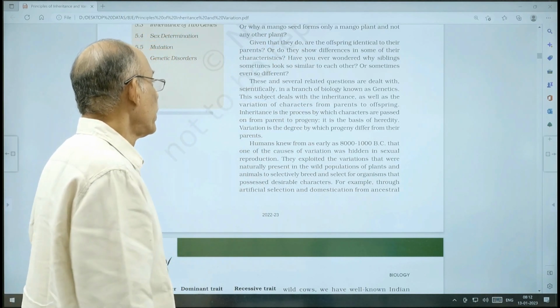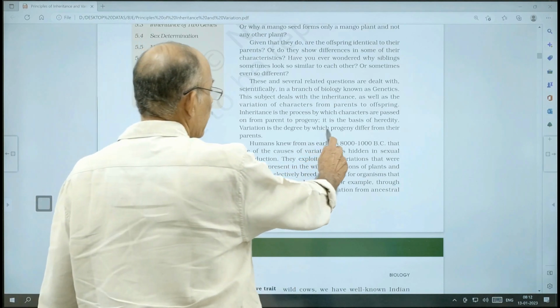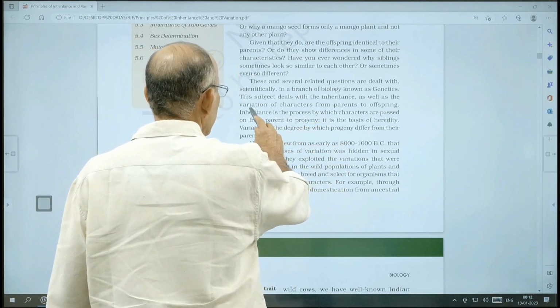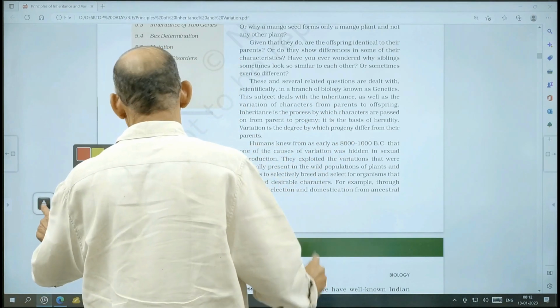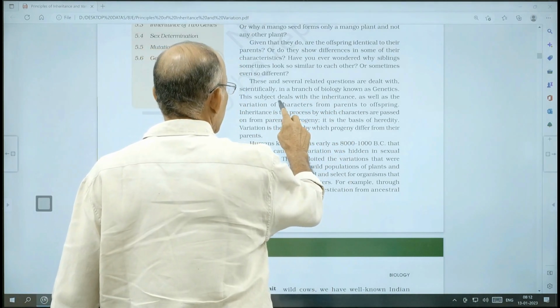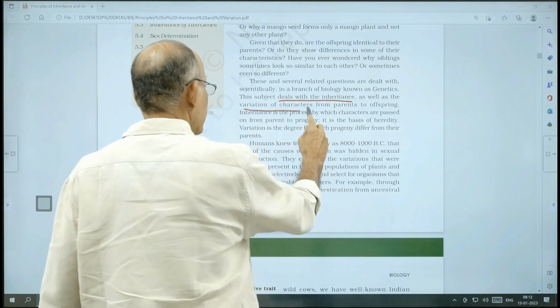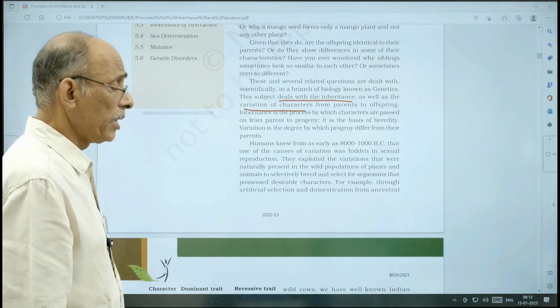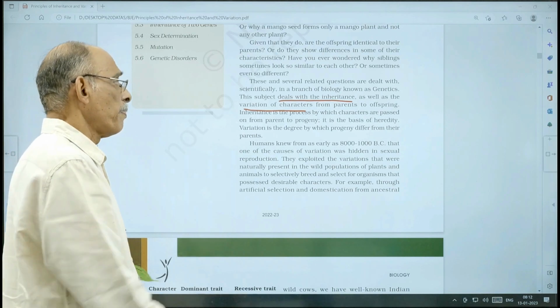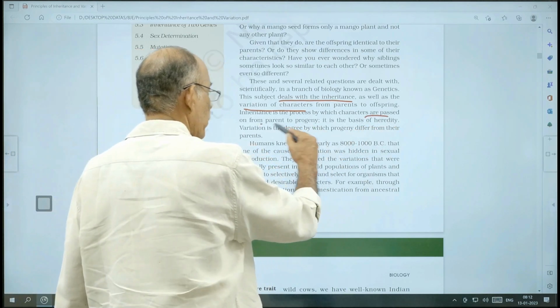Genetics, it is the definition. It is heredity, it is the inheritance and variation. Genetics deals with the inheritance and variation, which are passed from the parents to progeny.